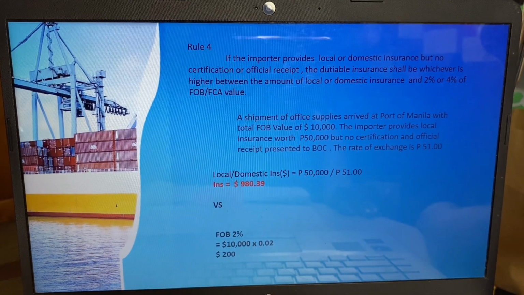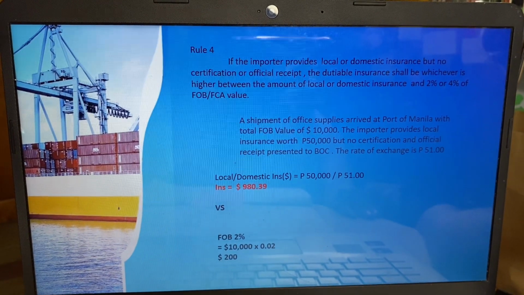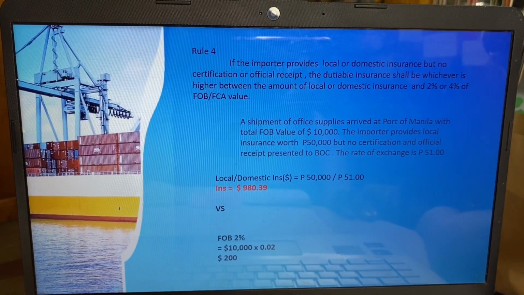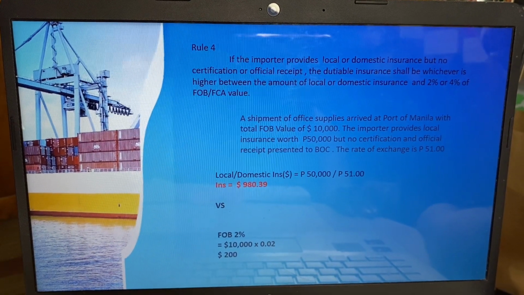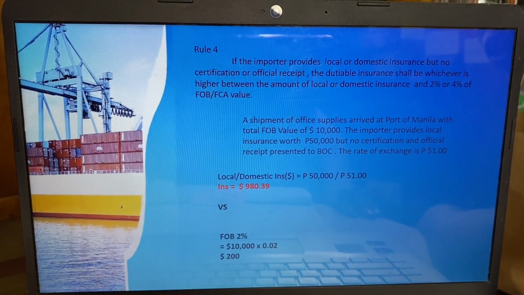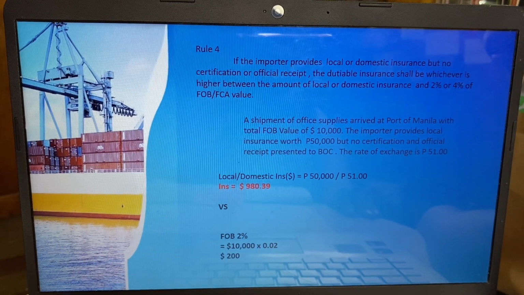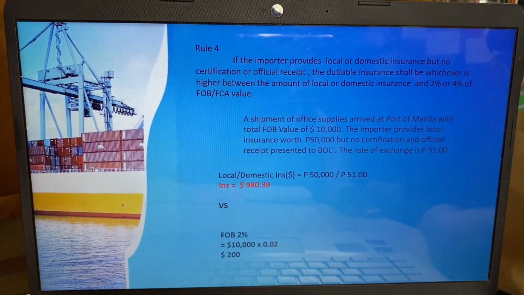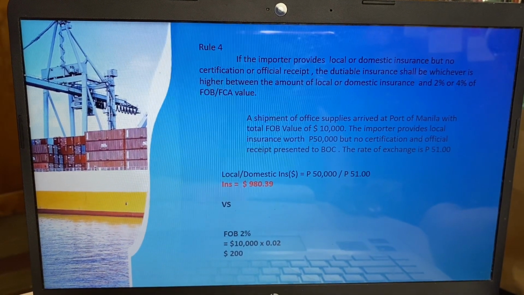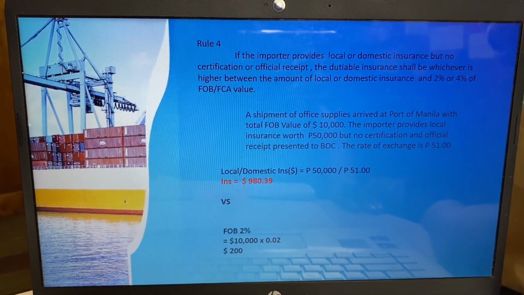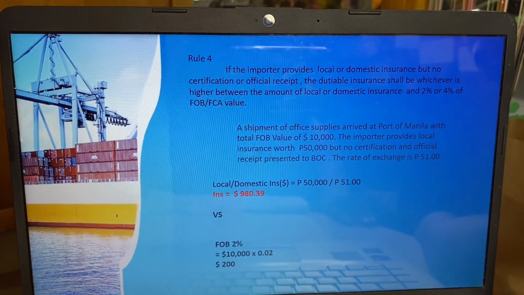So you're just going to compare again the local domestic insurance divided by the rate of exchange versus the FOB, the 2% for the general cargo and 4% for the dangerous cargoes.